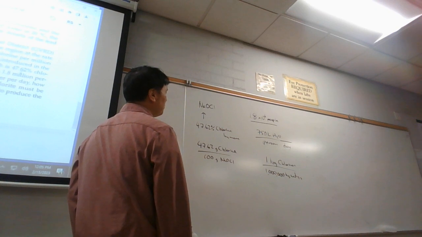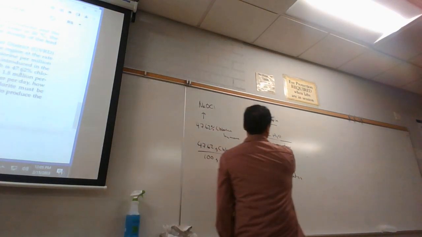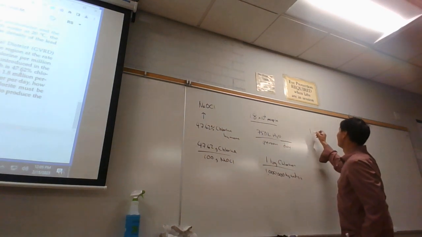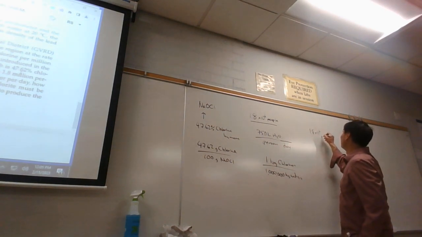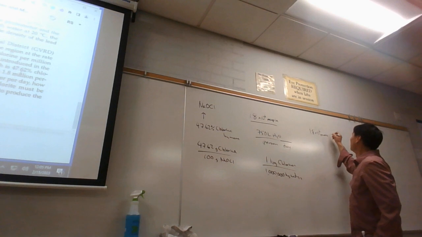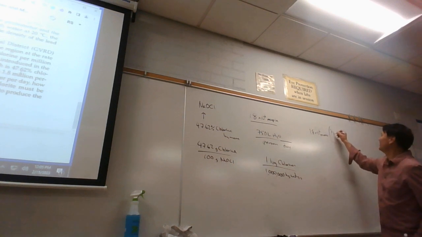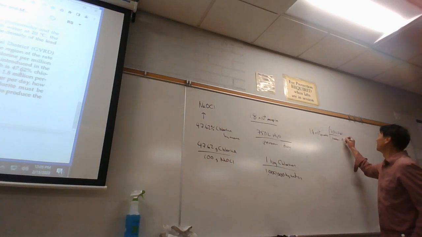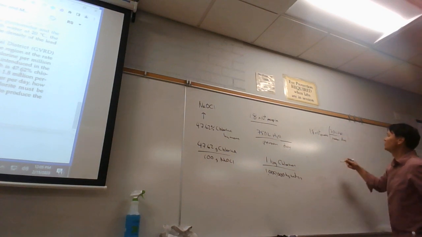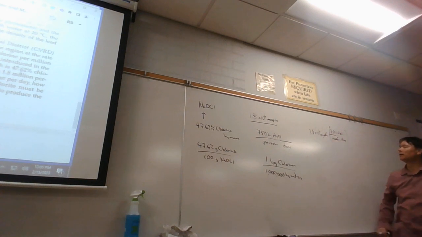What gets rid of people? Liters H2O. Yeah, this one. So I'm going to start off with 1.8 times 10 to the 6 people times 750 liters of H2O per person per day. And so this is going to cancel out people here.